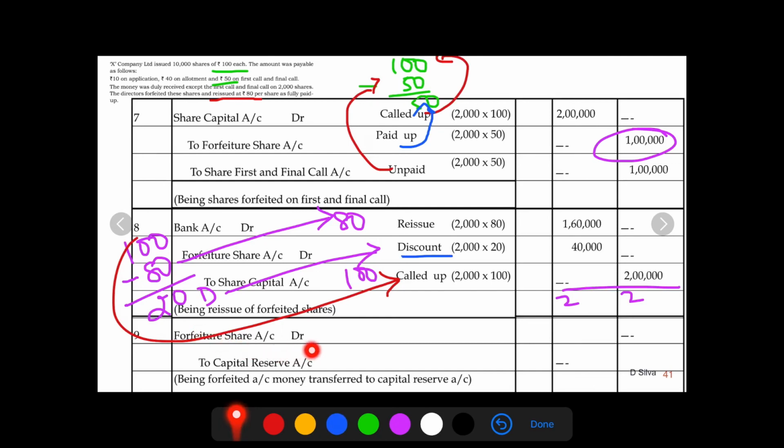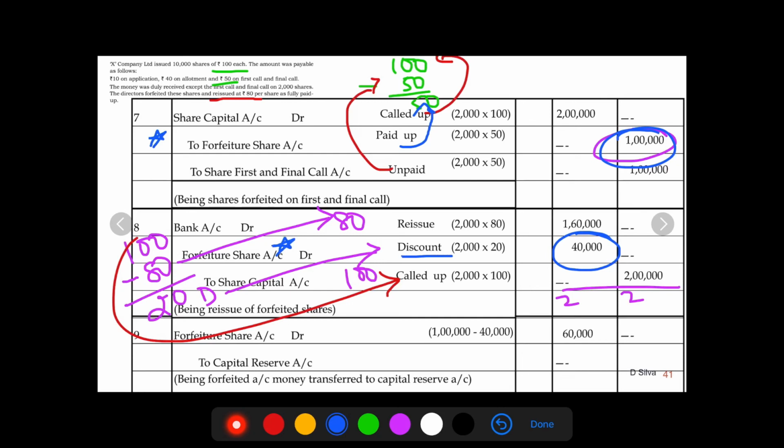Hence, forfeited share account debit will reflect in the form of 1 lakh minus 40,000. A credit balance minus a debit balance of forfeiture. So I will put a star for credit balance, a star for debit balance.